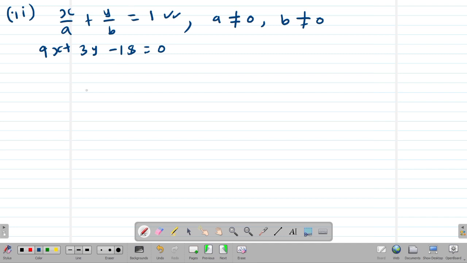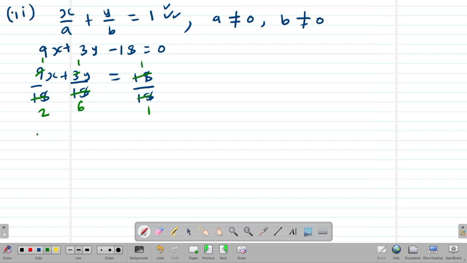So to change to this particular format, I'm going to rewrite this as 9x plus 3y is equals to positive 18. Then I'll divide through by 18 so that I retain 1 on this other side. So I'm going to divide through by 18, so that I'm going to end up with the following. 9 into 9, 1, 9 into 18, that is 2 times, 3 into 3, 1, 3 into 18, this is actually 6 times, then of course 18 into 18, 1.